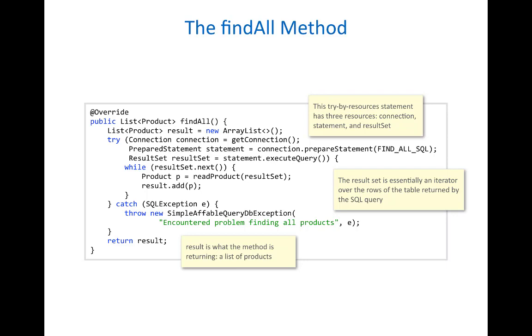Notice that the prepared statement is constructed using the findAll SQL query string we created earlier. The while loop simply loops through the result set and adds all the products it contains into the list. As long as no exceptions occur, the list is returned.